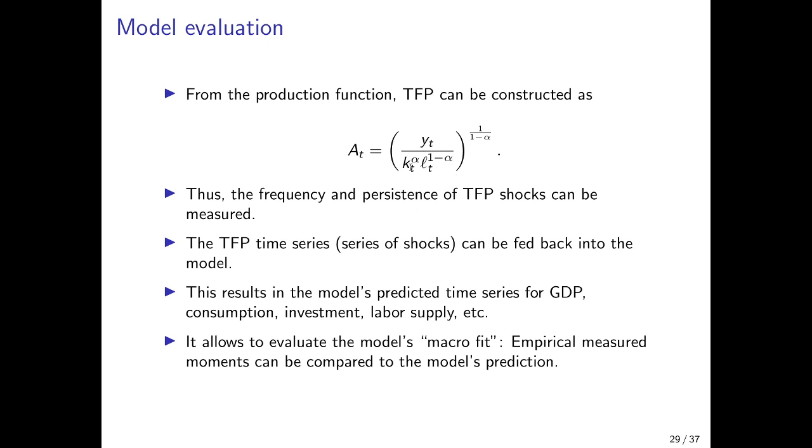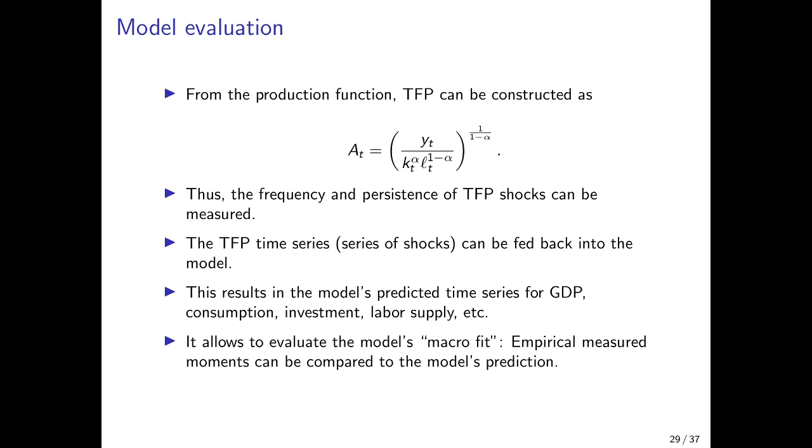We know per capita GDP, we know capital input and labor input. We assume a coefficient alpha, and from that we can reconstruct a total factor productivity series by means of a growth accounting exercise, basically, and feed this total factor productivity series back into the model to see which responses the model generates to these shocks.